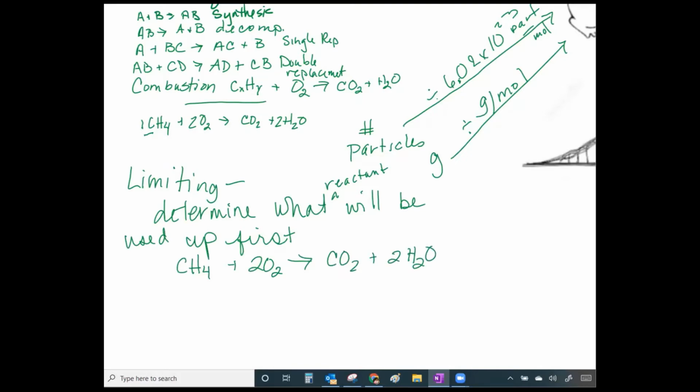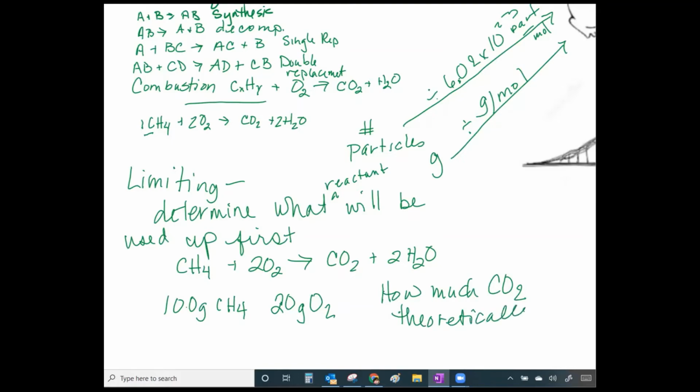Let's say I tell you I have 10 grams of methane, and I have 20 grams of oxygen, and I want to know how much CO2 I will theoretically get.